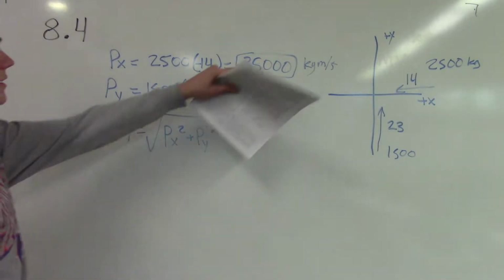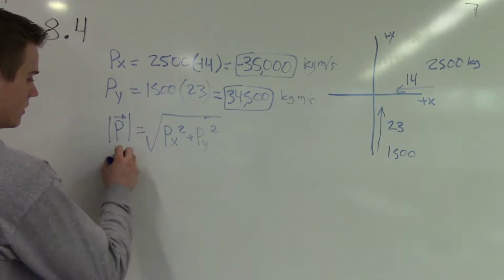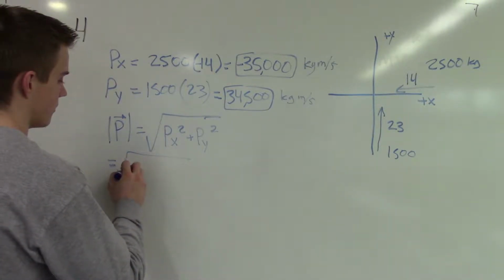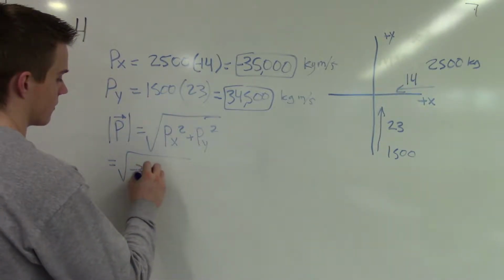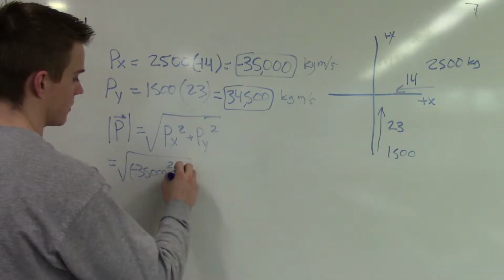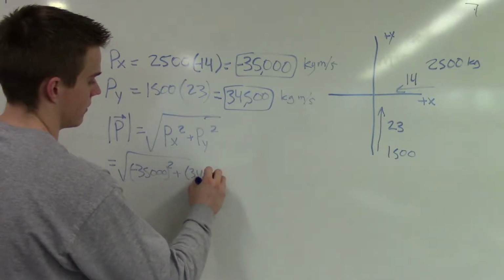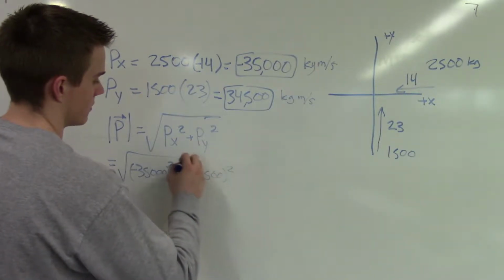So we'll plug in these values. We get the square root of negative 35,000 squared plus 34,500 squared.